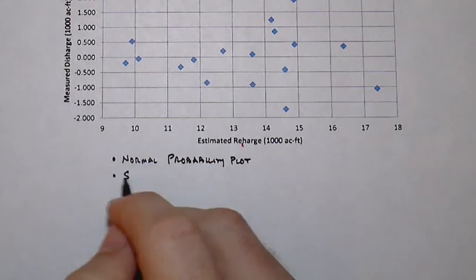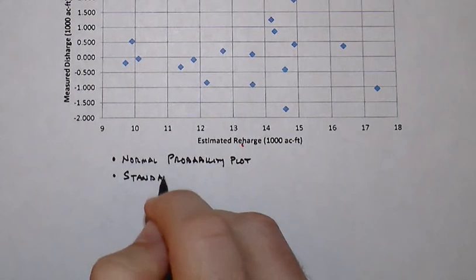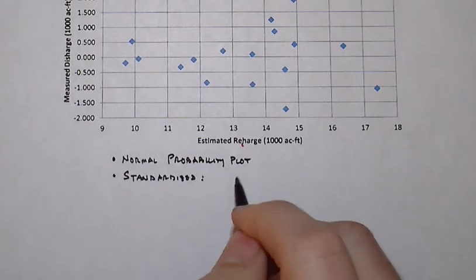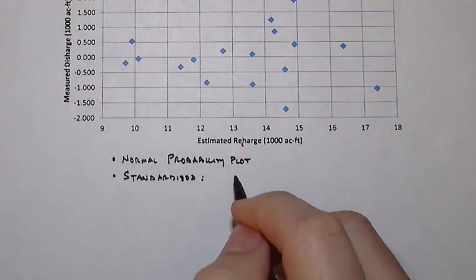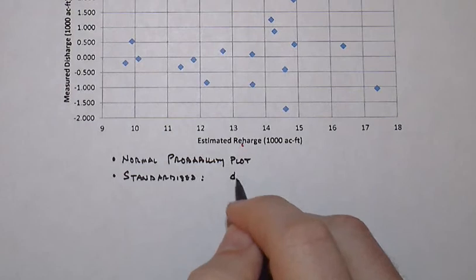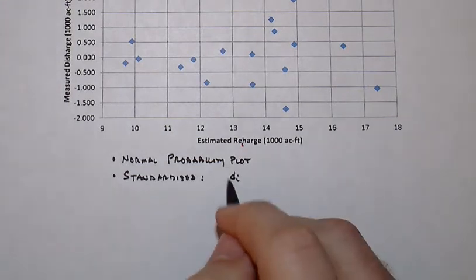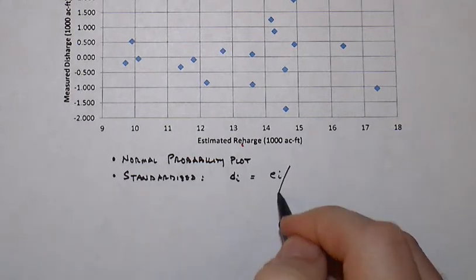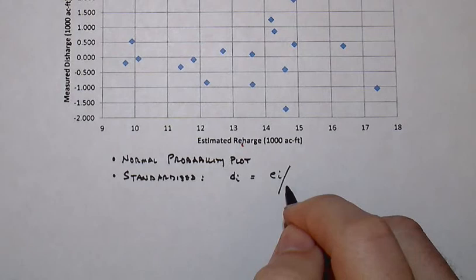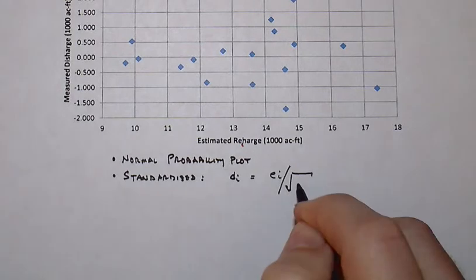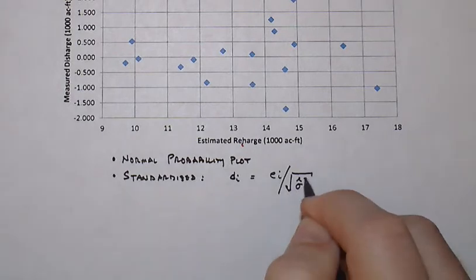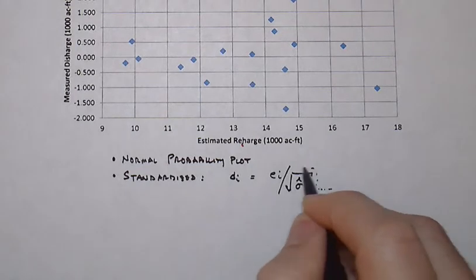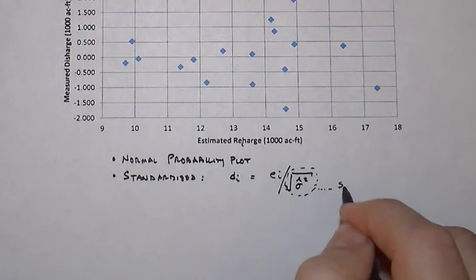Another aspect of this is to perhaps standardize or normalize our error, because how large is the error? How do we know if that's large or small? One way to do that is to standardize, call that standardized error d sub i, and we'll just take the e, the error, and divide by our standard deviation of our error, which is really just S sub e.